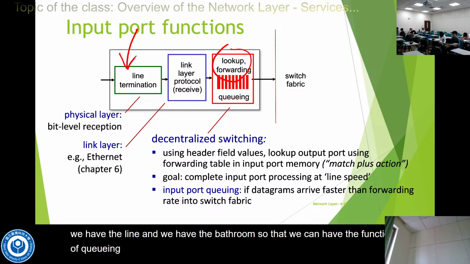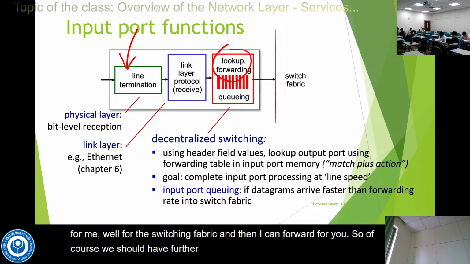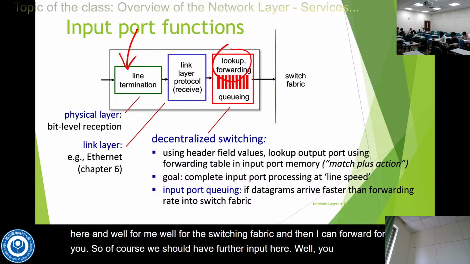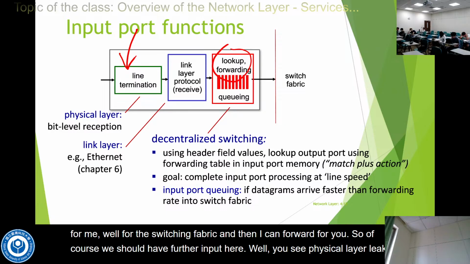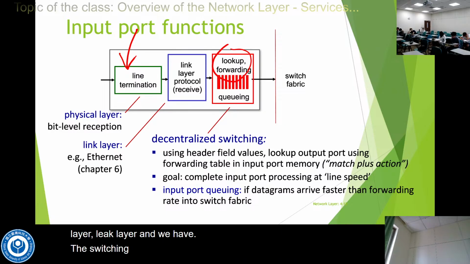If we have queuing, for example, okay, line up here and wait for the switching fabric, and then I can forward for you. So of course, we should have the input queuing. Well, you see physical layer, link layer, and we have the switching function through the switching fabric. And of course, we have input port queuing.